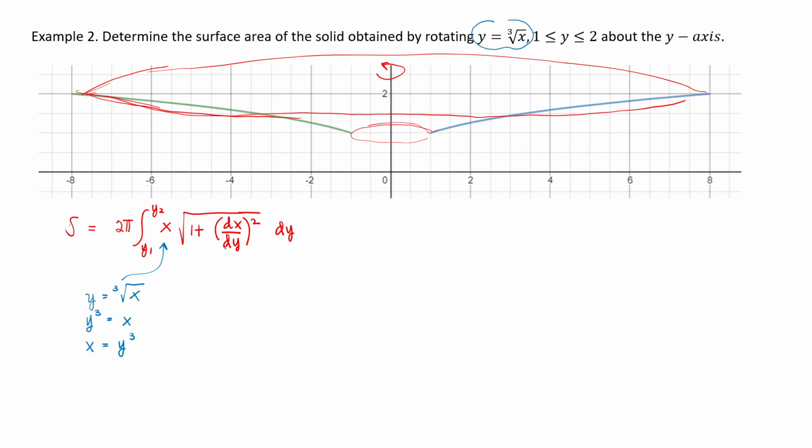So this one is already checked. Next we're going to get the derivative of this equation. So dx over dy becomes 3y squared. And then getting the square of this, you're going to have 9y to the power of 4. So this one is your equation here. For the limits of integration, you have 1 going to 2. So simple as that.